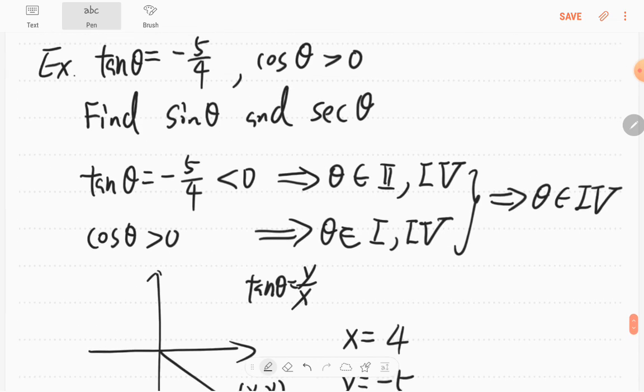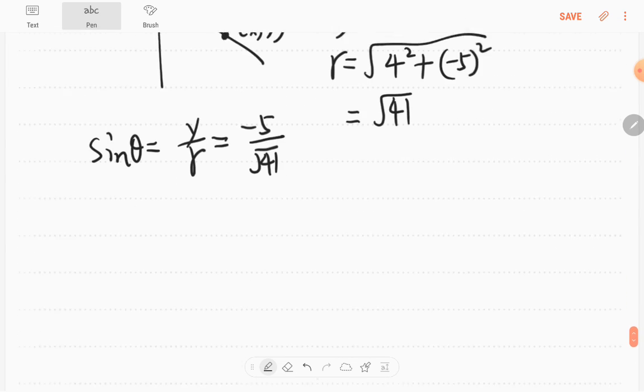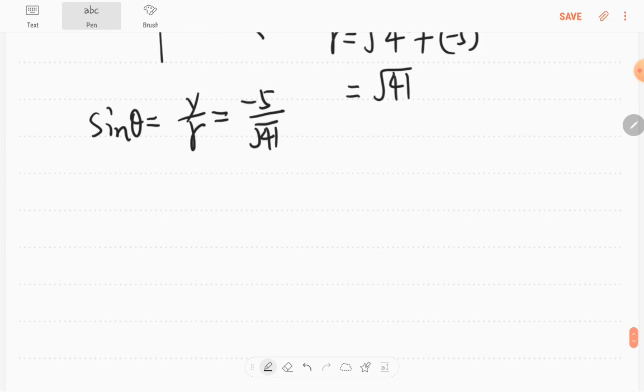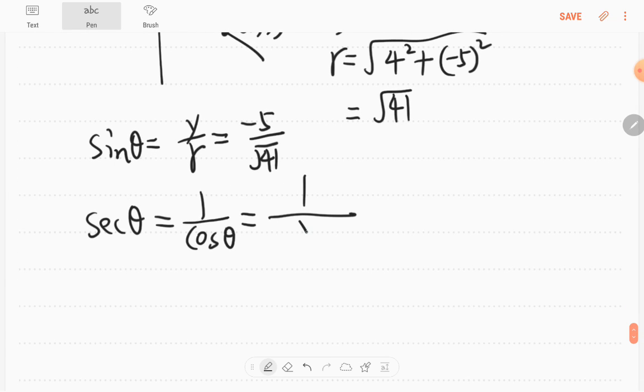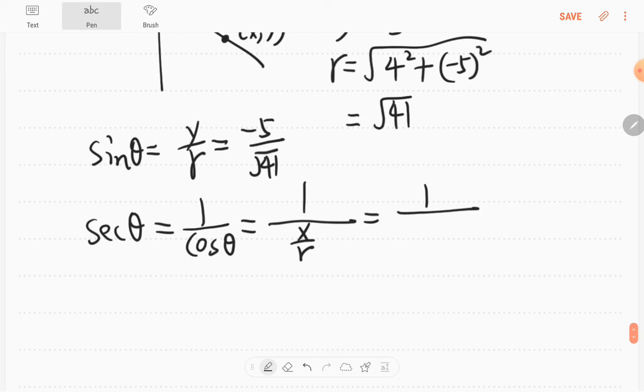Then we need to find secant theta. Secant theta is 1 over cosine, we know. Cosine is x over r, which is 4 over square root 41. So secant theta is equal to square root of 41 over 4.